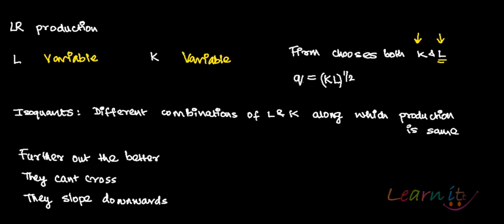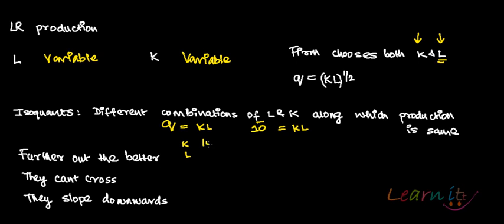Let me make my life simple by just drawing this diagram. Q is equal to KL is supposedly a production function, and I fix Q at 10. Now I need to know different combinations of K and L which will give me Q equals 10. Remember that I have to fix Q at 10.